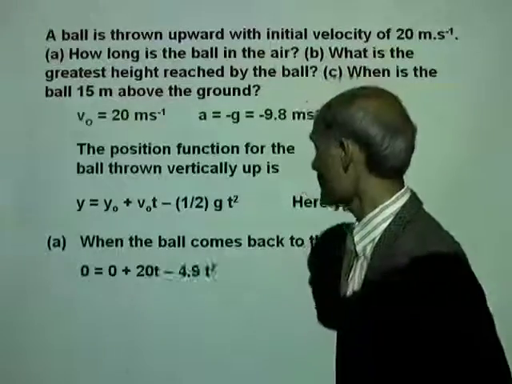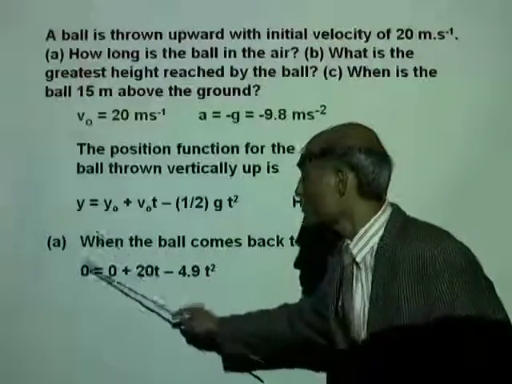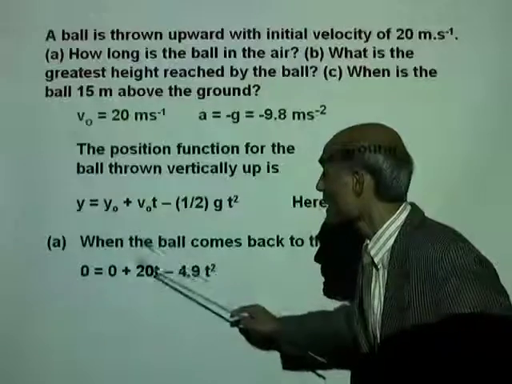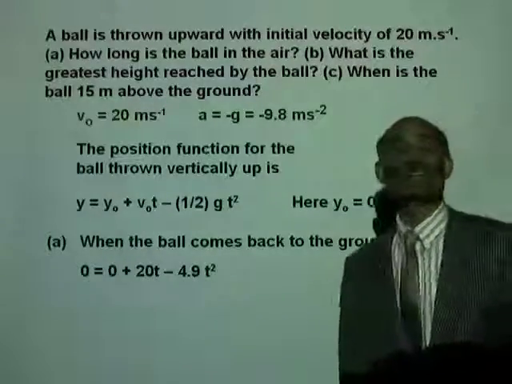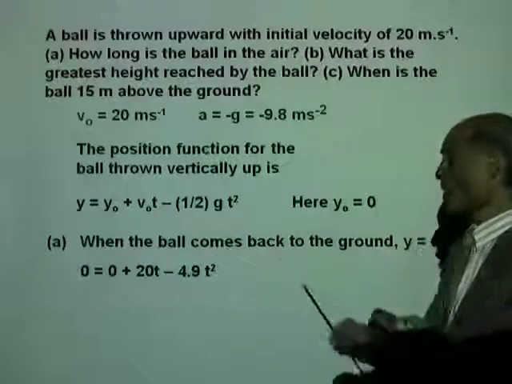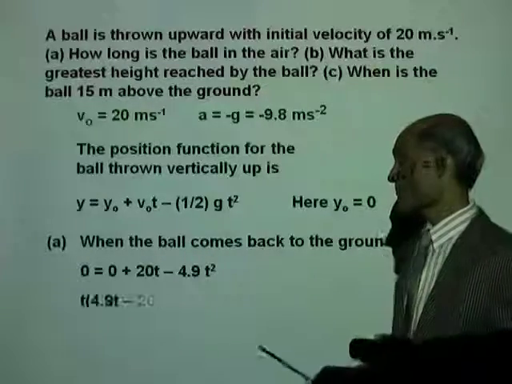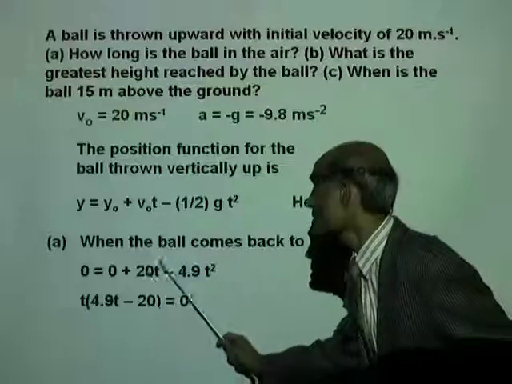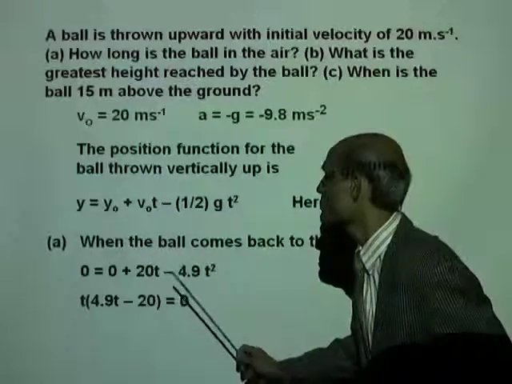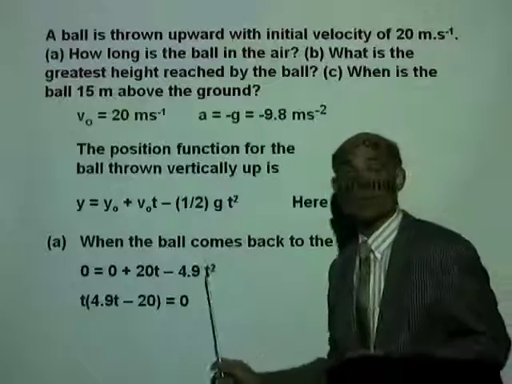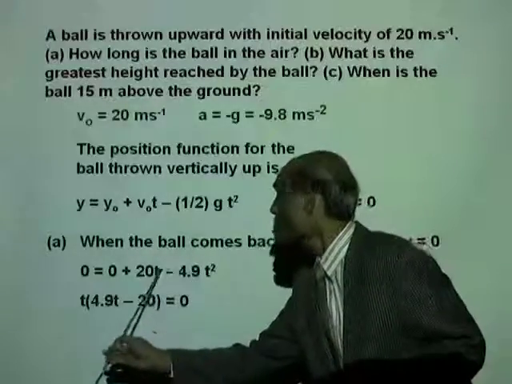Okay. So we have 0 equal to 0 plus 20t minus 4.9 t squared. You can now solve this equation. Or 20t minus 4.9 t squared equal to 0. Or I moved all this to the left.